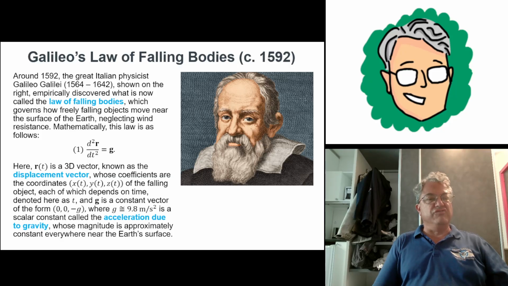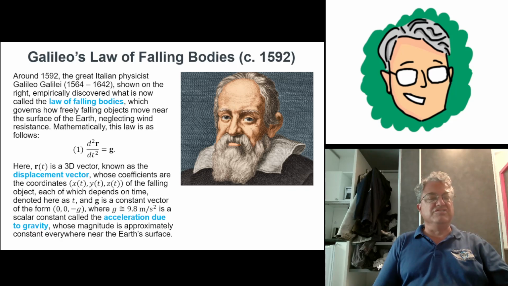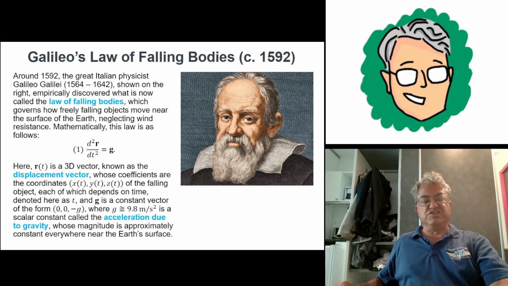But if you don't want to think of the earth as a sphere, which it really is, if you just want to think that you're near the surface of the earth, so the earth looks flat, then the center of the earth is basically downward. So this is a vector whose direction is downward, and whose magnitude is approximately 9.8 meters per second squared. That's the magnitude of the acceleration due to gravity near the surface of the Earth.